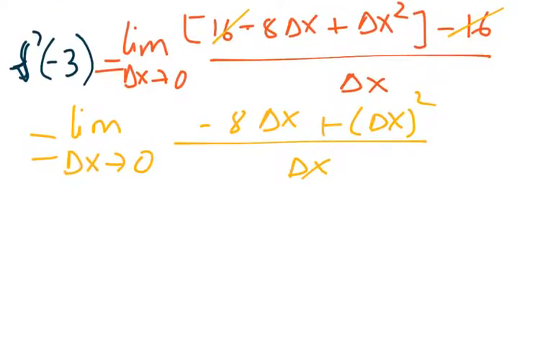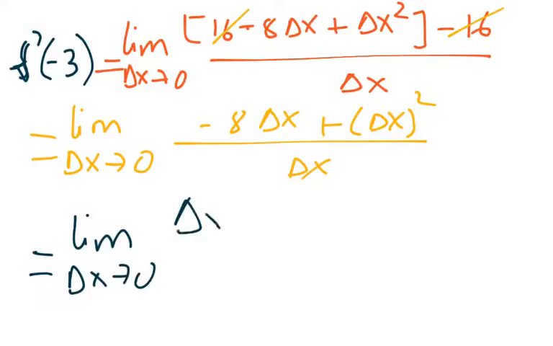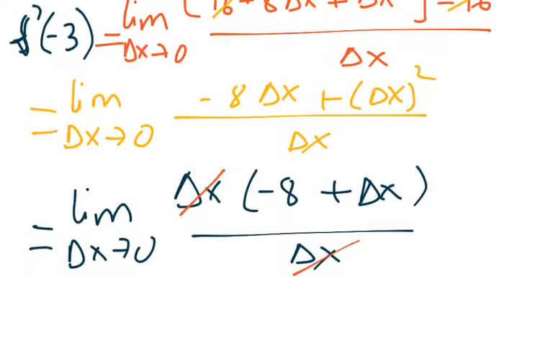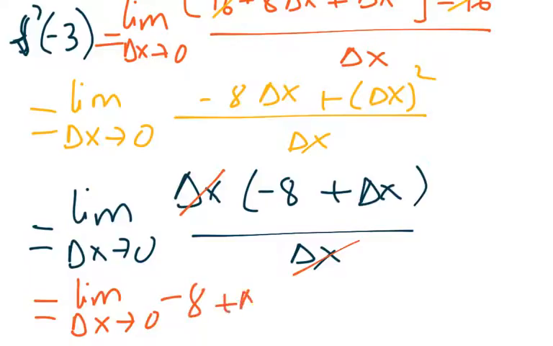Now, what we can do next is factor out the delta x. So I'm going to take out delta x: negative 8 plus delta x, over delta x. We see that delta x is in common, so we can cross that out. So now that would be equal to the limit as delta x approaches 0 of negative 8 plus delta x.